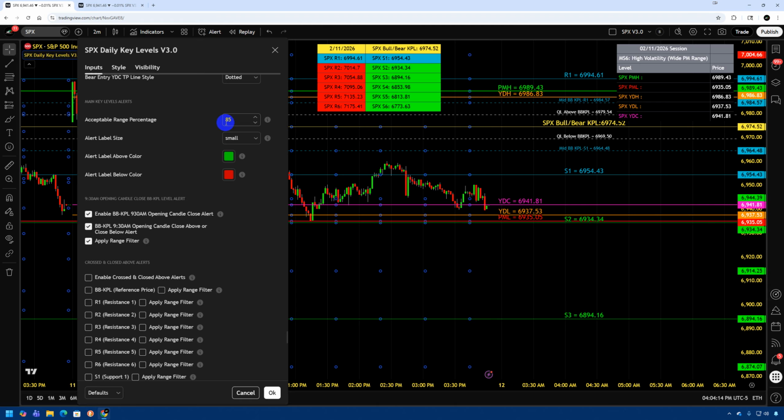So every trader is different, and this is the max that it should be. And you may find that you prefer or you get better results limiting it to a smaller percentage.